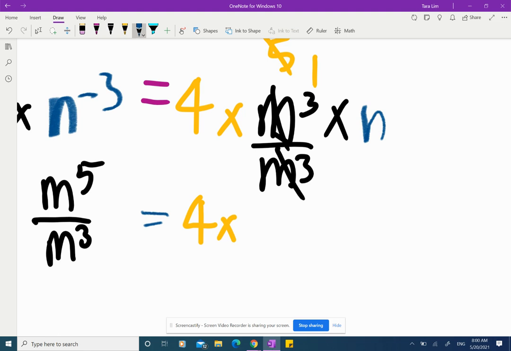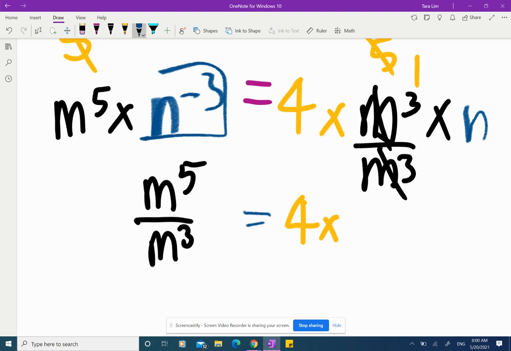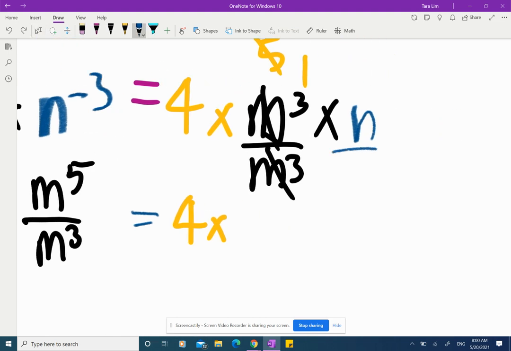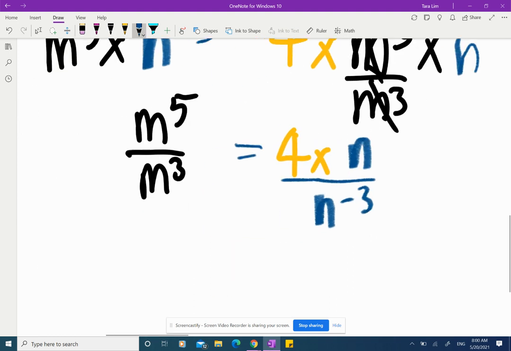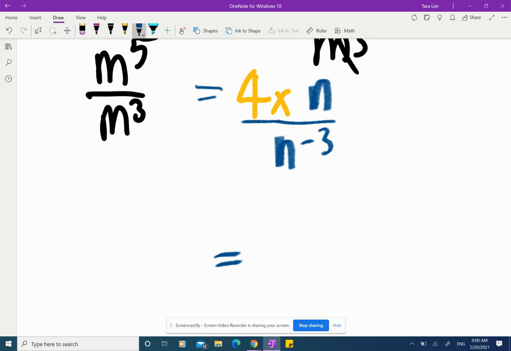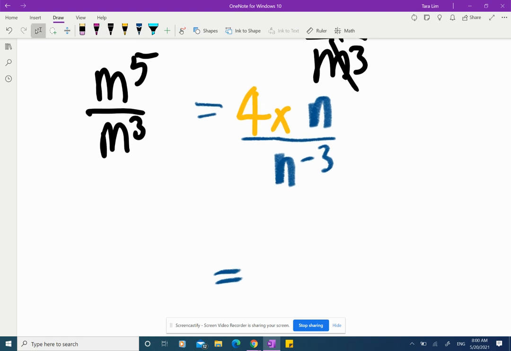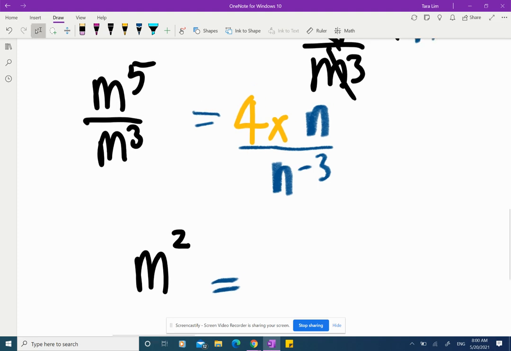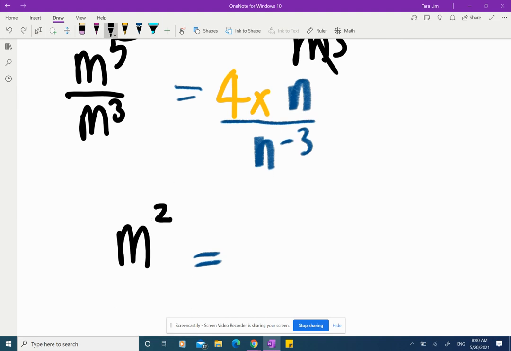We need to move the n to this side, so we divide by n to the power negative 3. Now m to the power 5 divided by m to the power 3 is m to the power 2, because 5 minus 3 gives us 2. When we divide something, the powers just subtract.